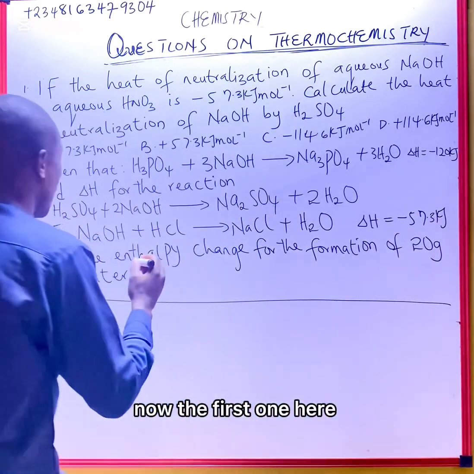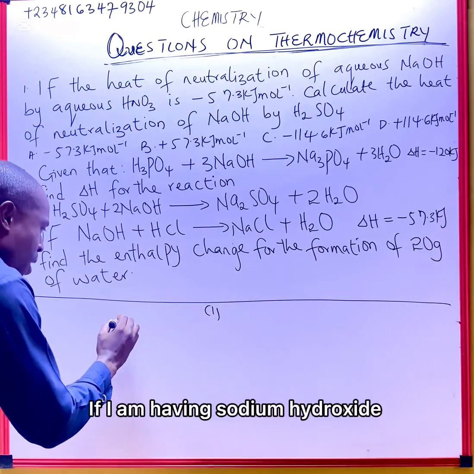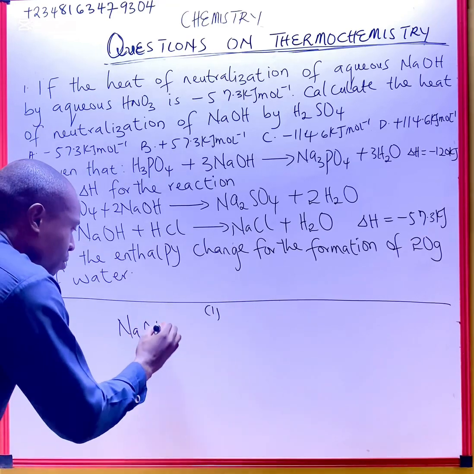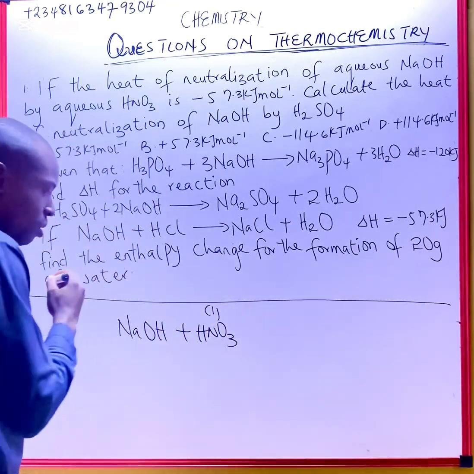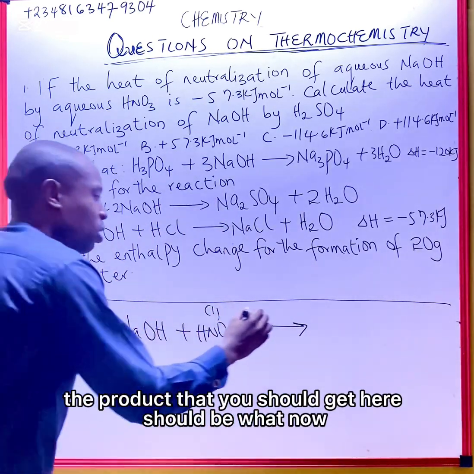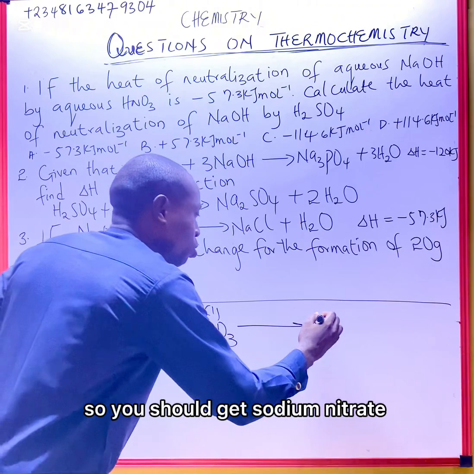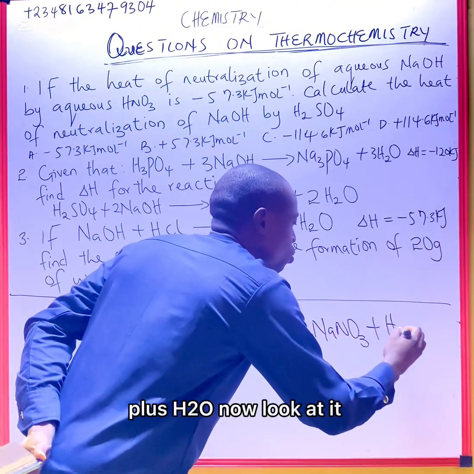Now, the first one here. Remember, we'll give the reaction first. I'm having sodium hydroxide plus HNO3. The product that you should get here should be sodium nitrate plus H2O.